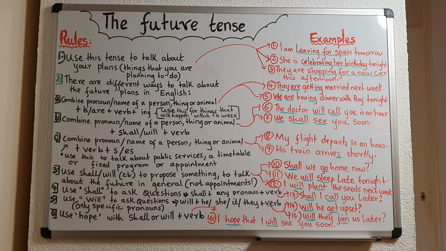There are different ways of talking about your future plans in English, okay? You can either apply rule number 2A, rule number 2B, rule number 2C, okay? Rule number 3, 4, 5, and 6.